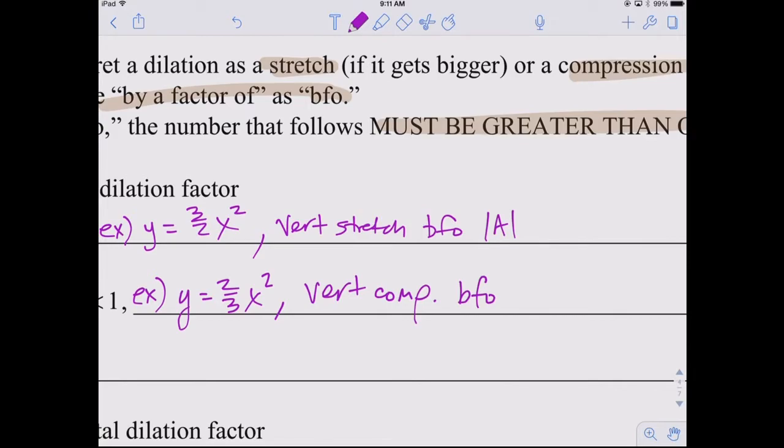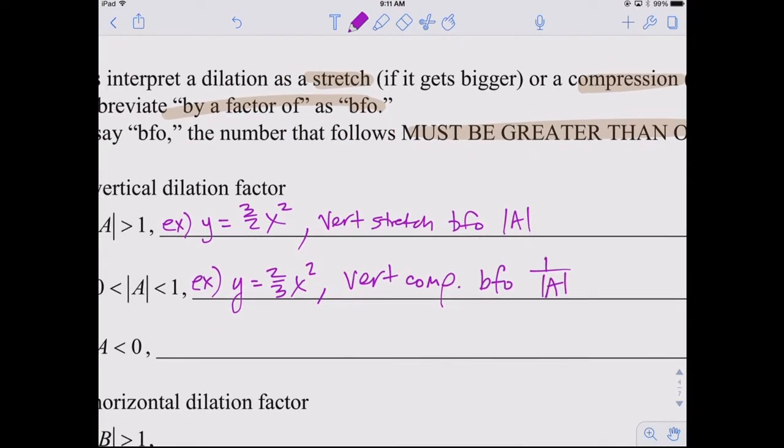How'd you get 3 halves from 2/3? Reciprocate it. So it would be by a factor of 1 over the absolute value of A. If your A is less than 1, just reciprocate it. So for us, our 2/3 would say it's a vertical compression by a factor of 3 halves. It's 1.5 times shorter. You're telling me the direction and by how much.